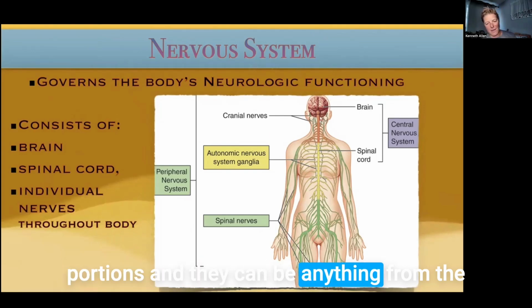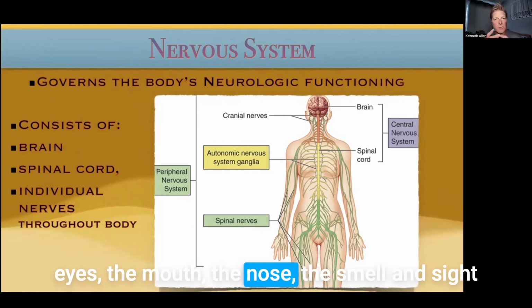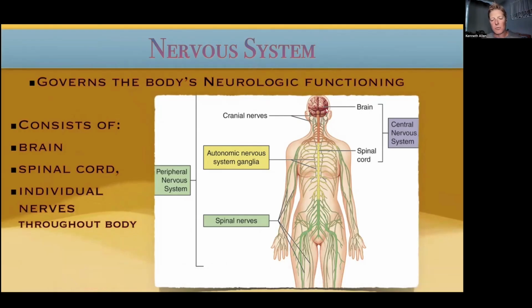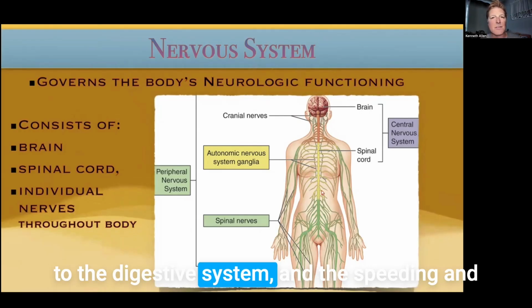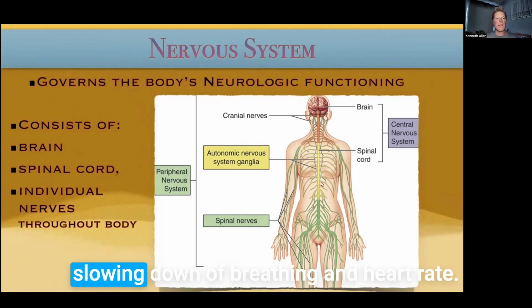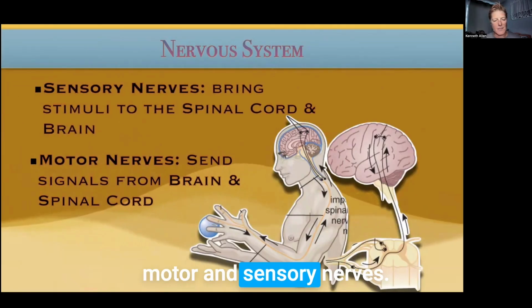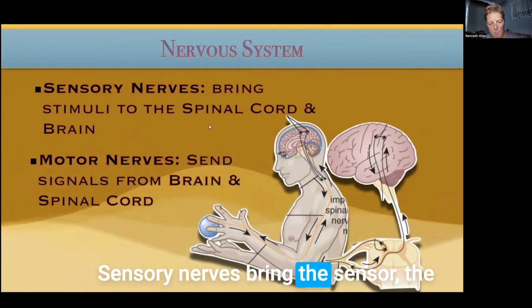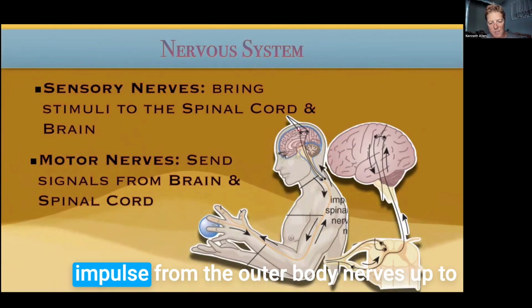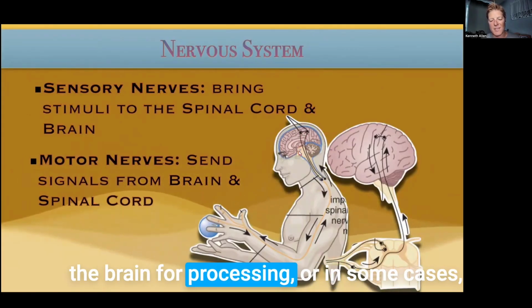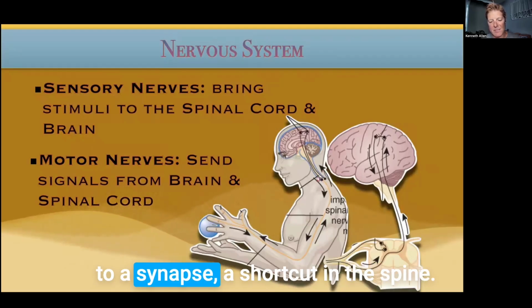And they can be anything from the eyes, the mouth, the nose, the smell and sight, to the digestive system and the speeding and slowing down of breathing and heart rate. In this situation, we have motor and sensory nerves. Sensory nerves bring the impulse from the outer body nerves up to the brain for processing, or in some cases to a synapse, a shortcut in the spine.